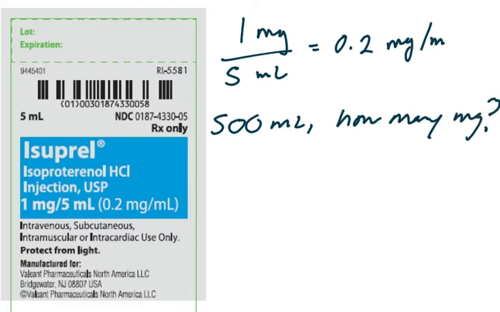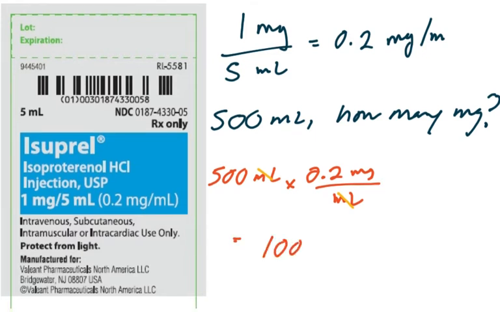So now we can set it up like a conversion, right? Because now we have the known quantity is 500 milliliters, and our conversion factor would be 0.2 milligrams per milliliter. And so milliliters cancels out, and we get 100 milligrams of isoprel.